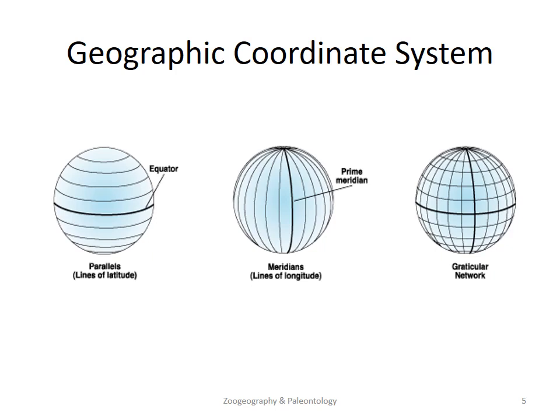The equator is 0-degree latitude, which divides the Earth into northern and southern halves, while all the lines which run parallel to the equator are known as the parallels or lines of latitude, whereas the vertically running lines are known as the meridians or lines of longitude.